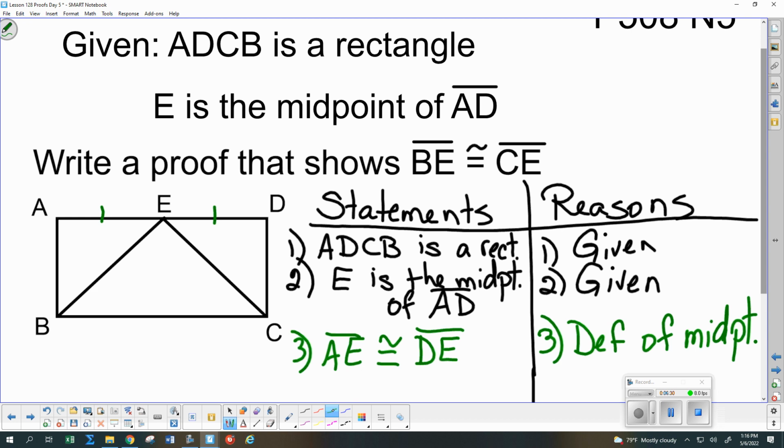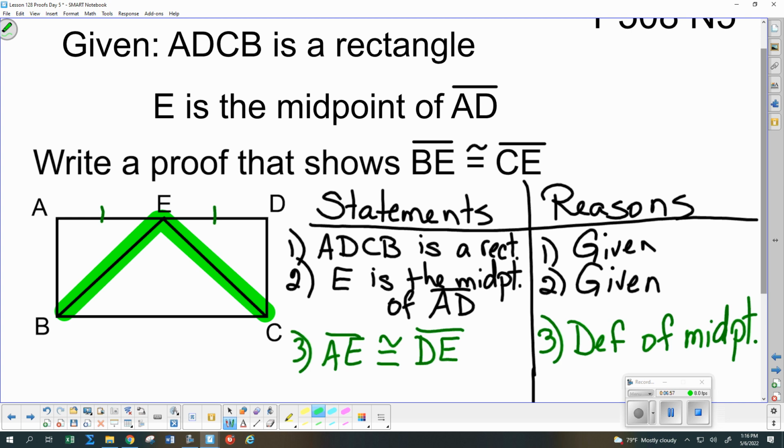We want to show that BE and CE are congruent. We want to get there. And when we've been trying to prove two sides are congruent, what have we had to use at the end of the proofs to say that the final thing is this side's congruent to that side?